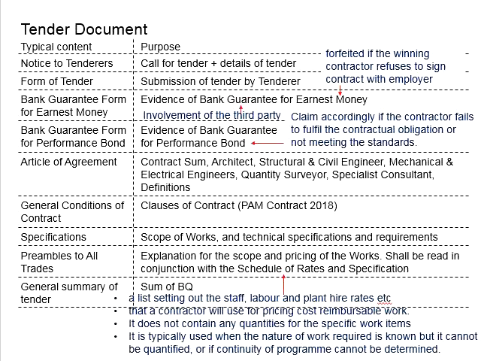and some other instructions to the tenderers. Next, there will be the form of tender, which is the form to be filled by the tenderer and submitted together with the tender document. By filling in this form of tender, the tenderer is declaring his awareness and responsibilities.